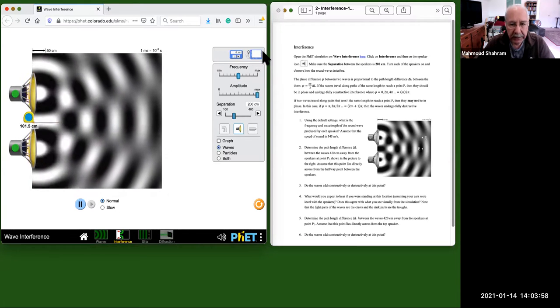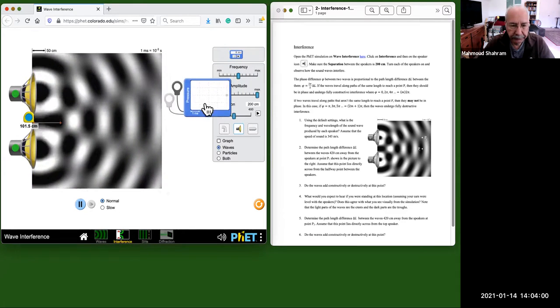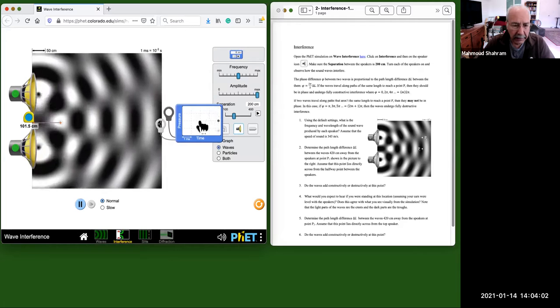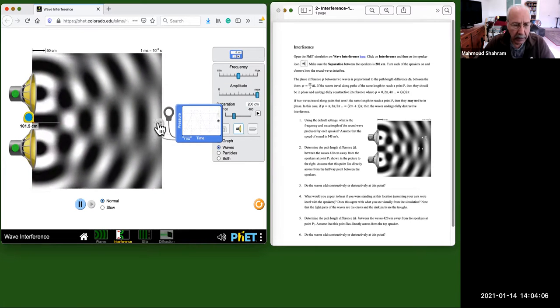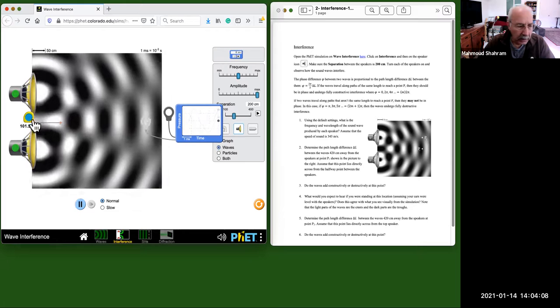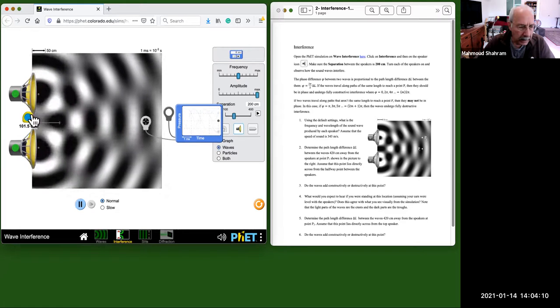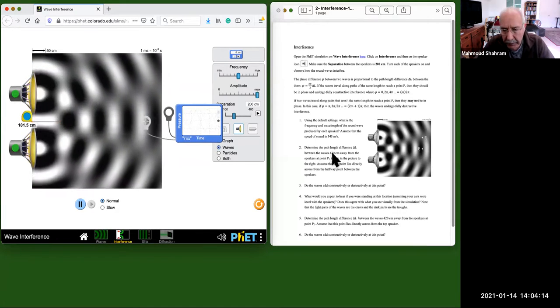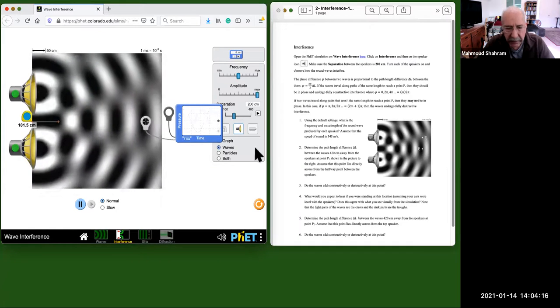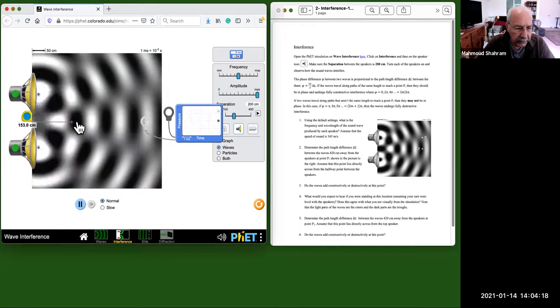So let's take this probe here and put one of these probes somewhere here. It asks you to put this about 420 centimeters away from the speaker.